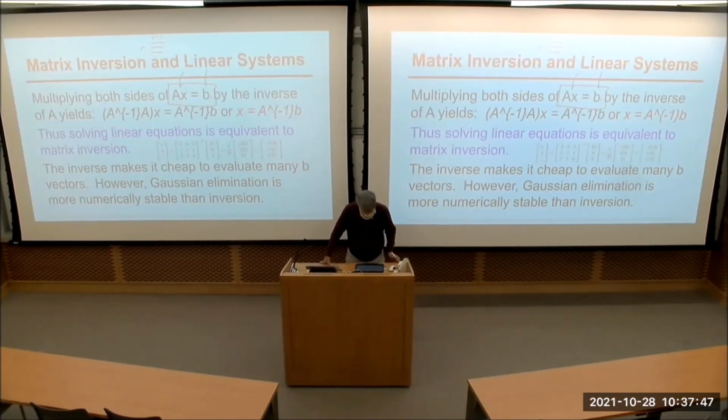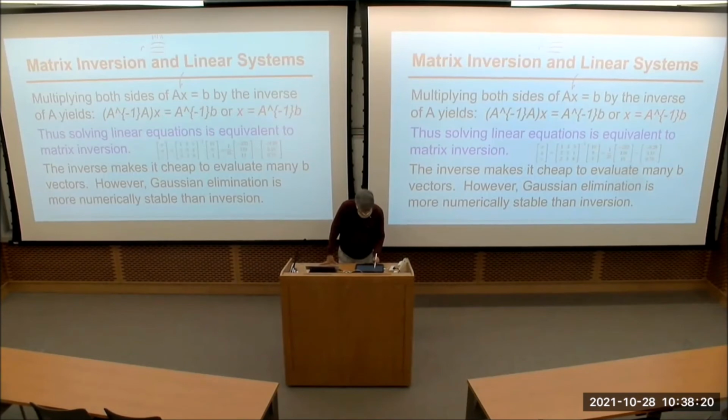Every equation in a system of equations is written as c1 times x1 plus c2 times x2, and so on, equals y1, where y1 means the first element of the vector B. Okay? What happens when you multiply both sides of the equation AX equals B by the inverse of the matrix A?